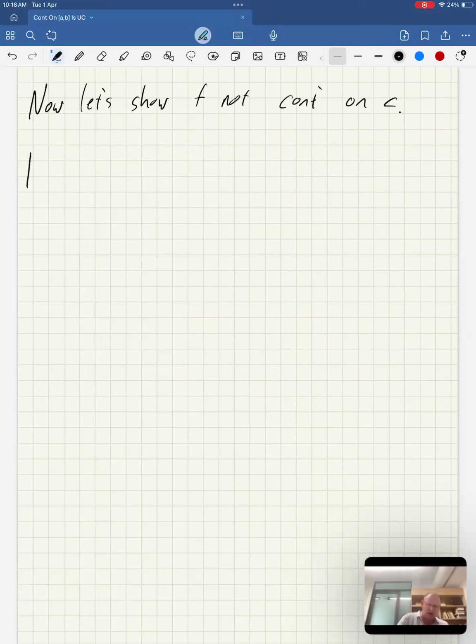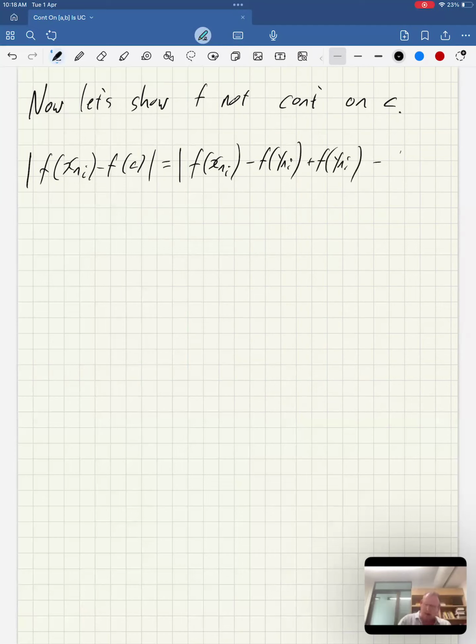So let's look at the absolute value of f(x_n_i) minus f(c), and let's add and subtract f(y_n_i). So that's the absolute value of f(x_n_i) minus f(y_n_i) plus f(y_n_i) minus f(c).